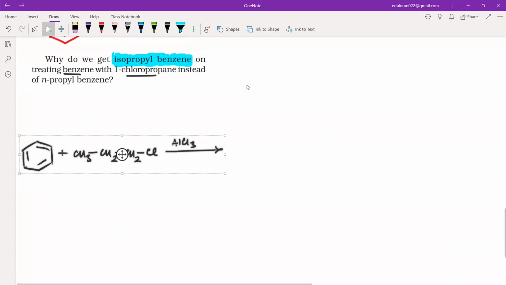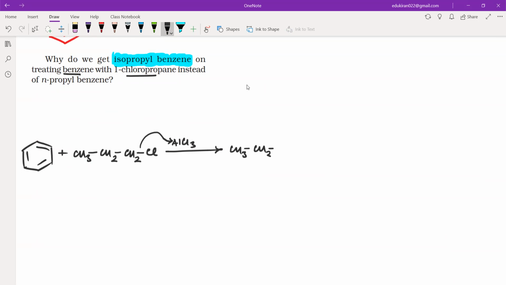So सबसे पहले तो ये होगा कि you will have an electrophile that is CH3CH2CH2 positive, plus we had our benzene ring.